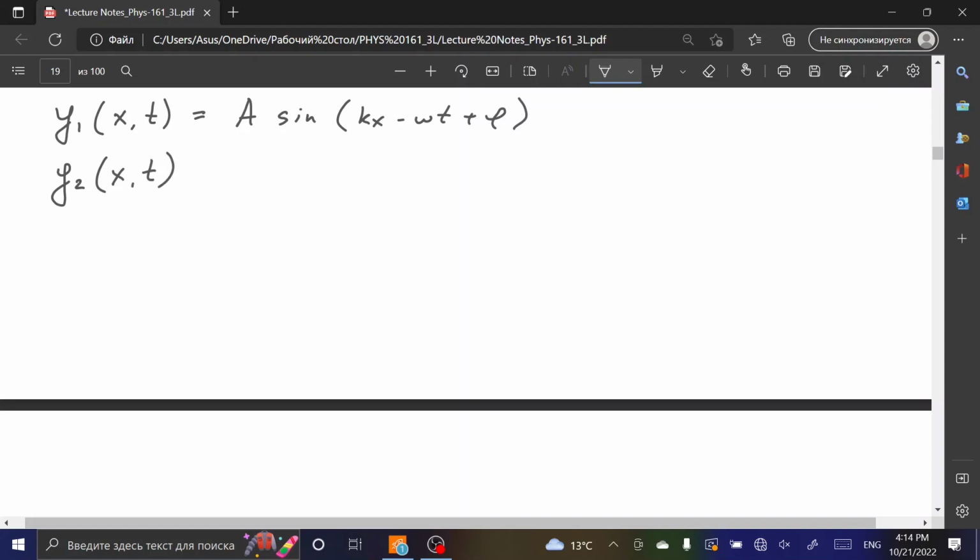So let's consider two wave functions, y1 of x and t, a function of position and time, equal to amplitude a times sin(kx minus omega t plus phi), and another wave function y2 of x and t equal to amplitude a times sin(kx minus omega t).